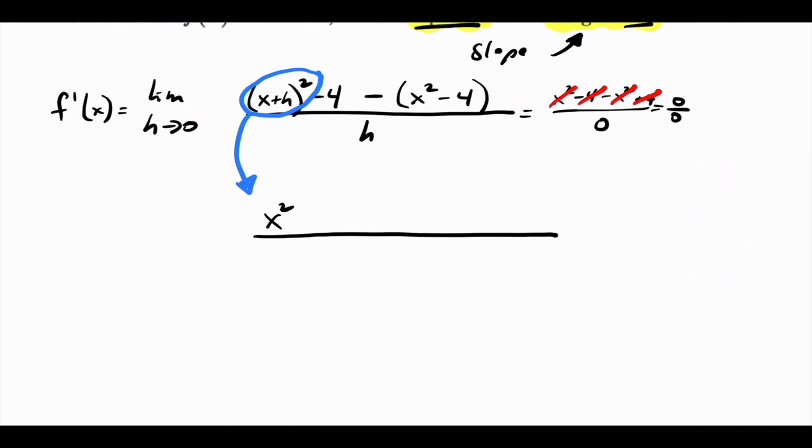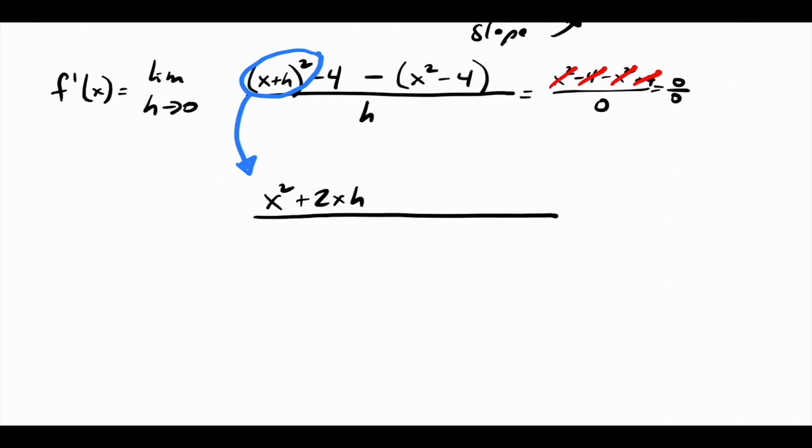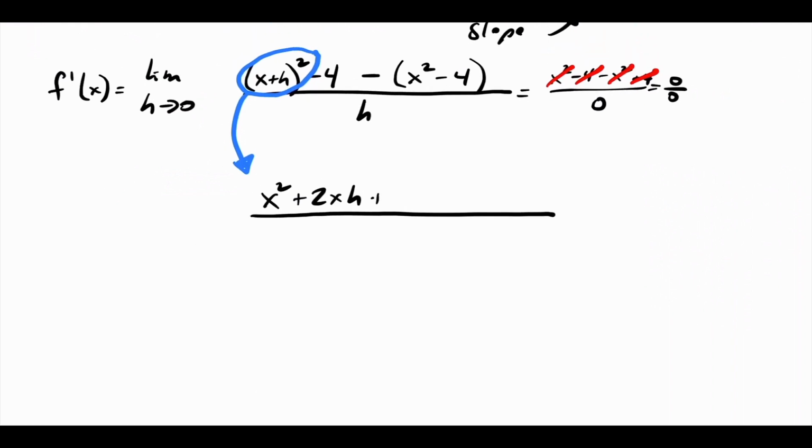I got x squared plus 2xh plus h squared. And then I can distribute here. Negative x squared plus 4, and then h just stays h on the bottom.